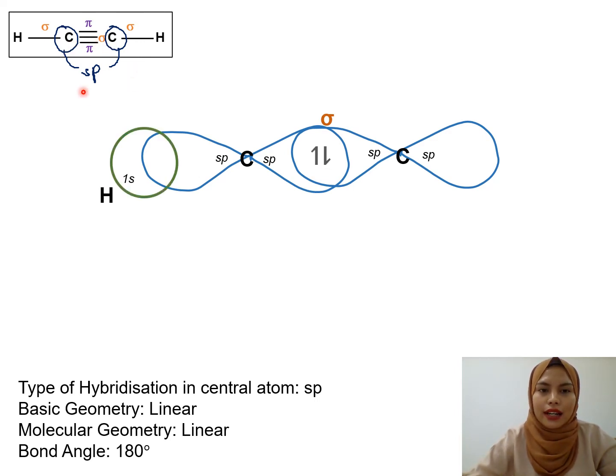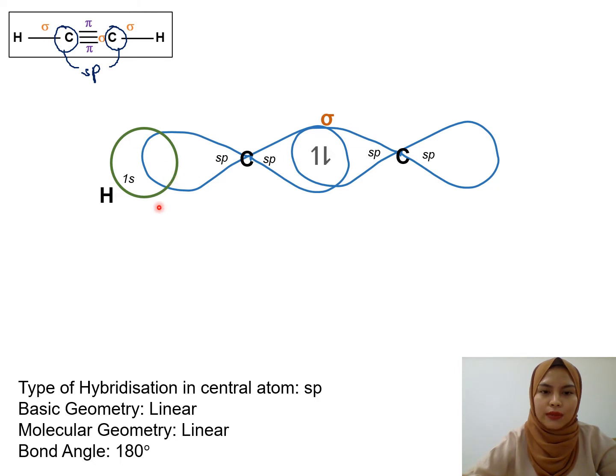Next ialah I nak show the sigma overlap between this carbon and hydrogen because carbon dan hydrogen ni dia ada satu sigma bond kan. So hydrogen dia punya valence atomic orbital dia terletak pada 1s. Therefore bentuk 1s ni bentuk bulat.